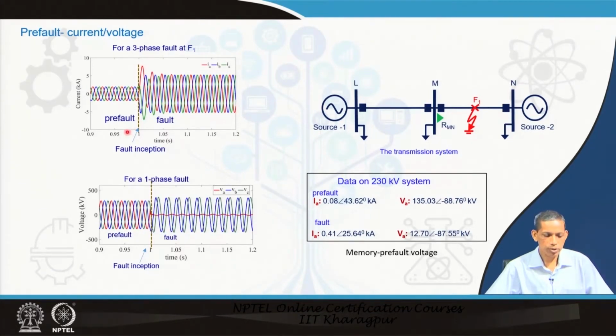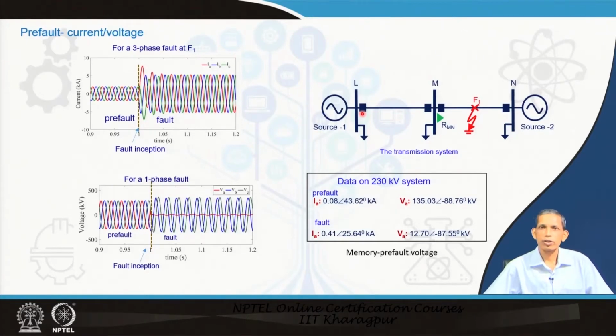This is the fault inception. From the fault inception, 1 second in this simulated data, this is pre-fault and this is fault. So, we designate the data before the fault as pre-fault data and the data during the fault as fault data.